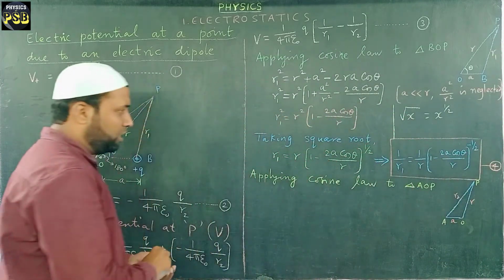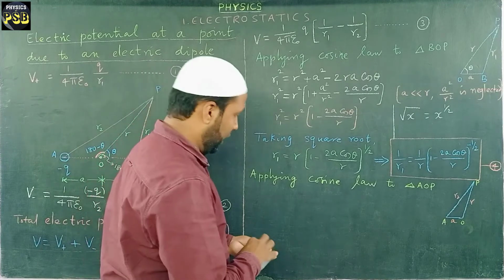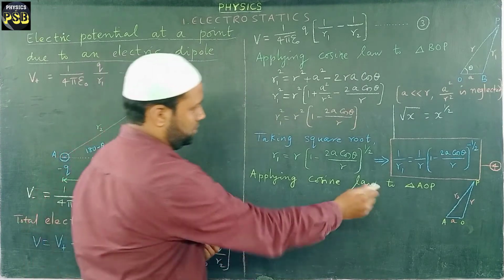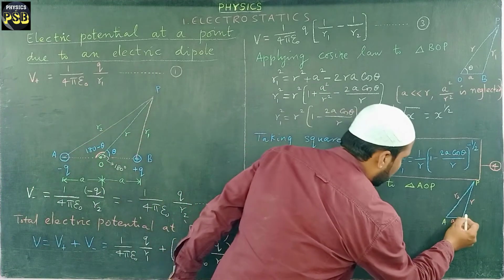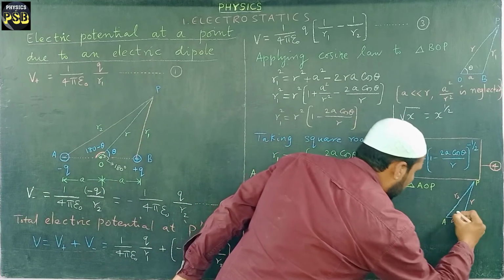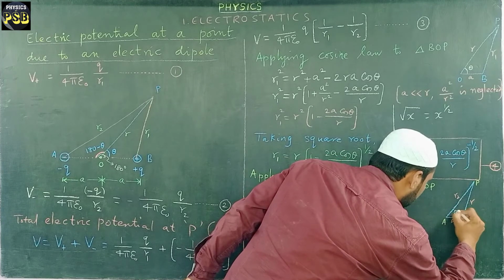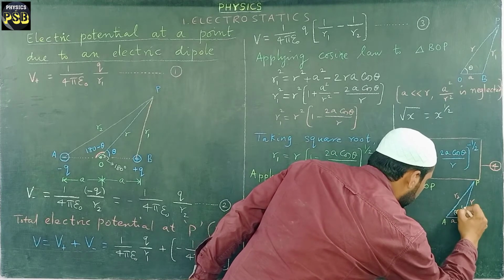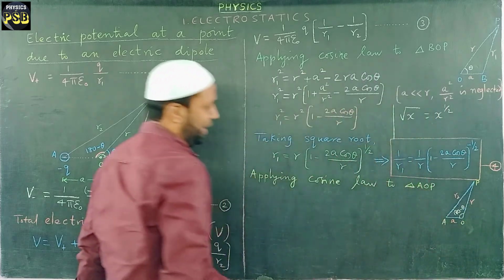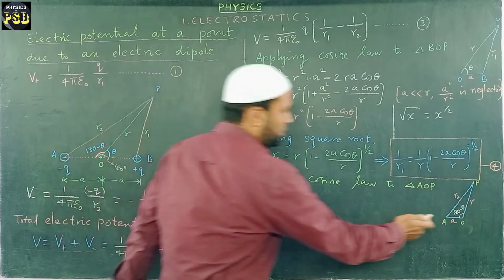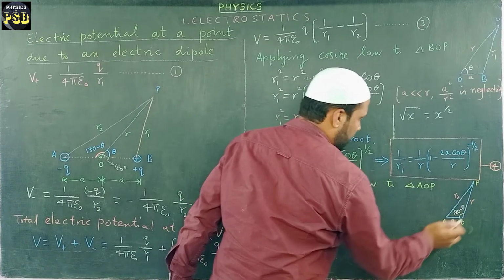Now I am going to follow the same method here to get the value of 1 upon R2. Here the angle is 180 minus theta. This is the angle between OP and OA, so this is the opposite side to the angle.